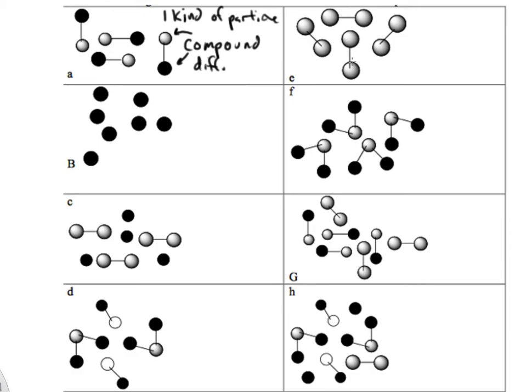Whereas in E, these are the same. So this is an element. This is one kind of particle. It's also diatomic.